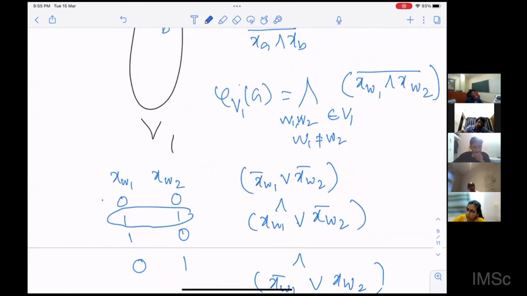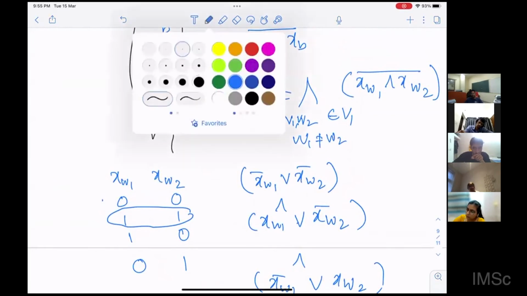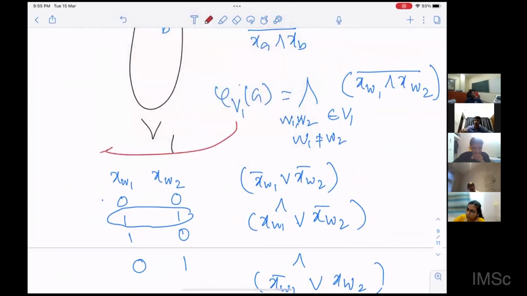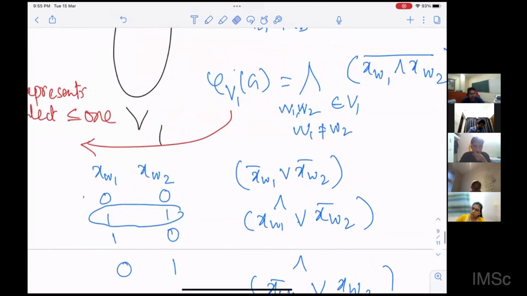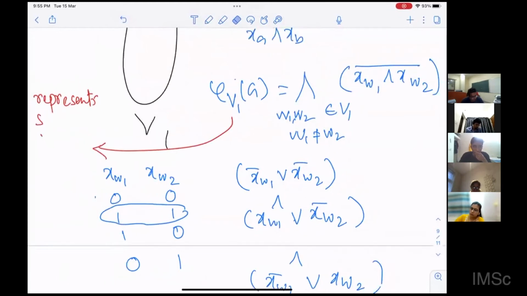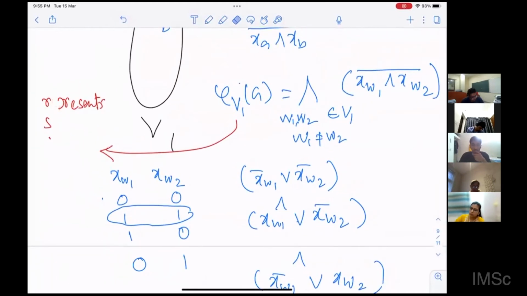This represents: select at most 1, or set at most 1 variable to 1.